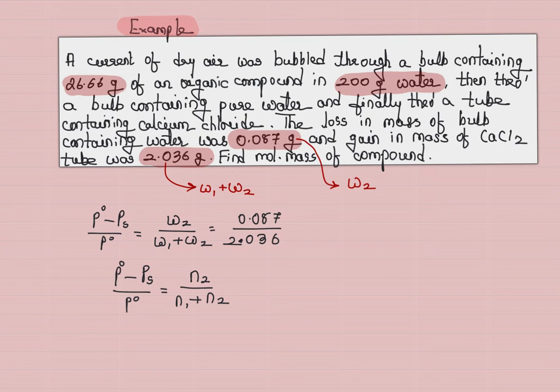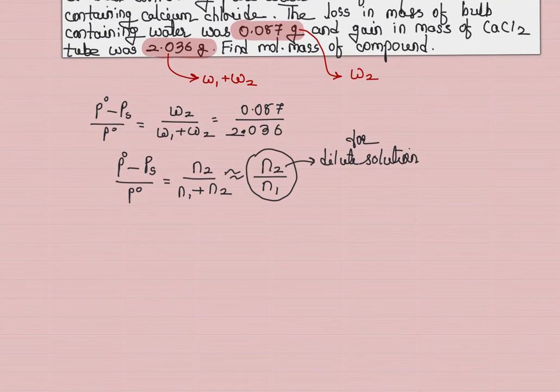Normally we approximate this as N2 by N1, but this kind of approximation can be given only for a dilute solution. This doesn't seem to be a dilute solution, so we will have to use the full formula that I have given here.